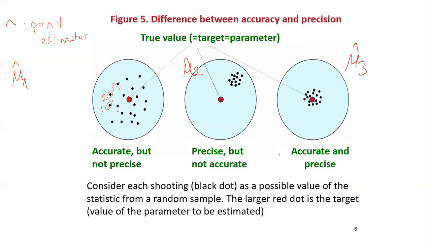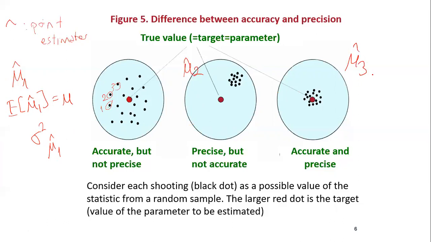Which means the expected value of mu1 hat is equal to the parameter that you are trying to estimate, right? And it has some variance, okay? We will try to compare this variance with the others.